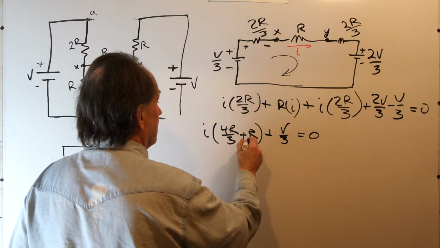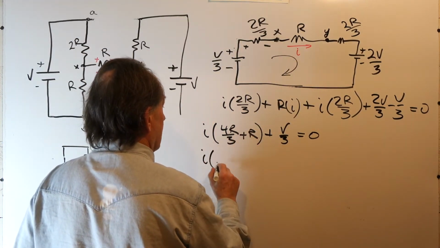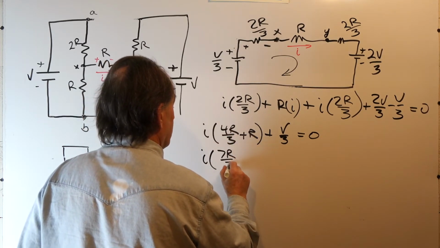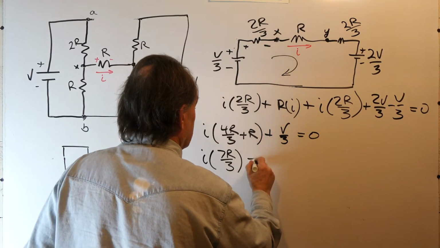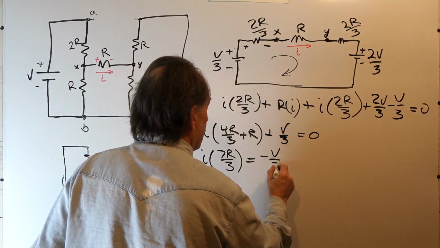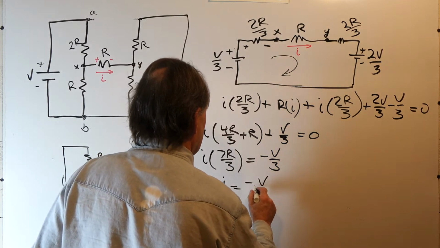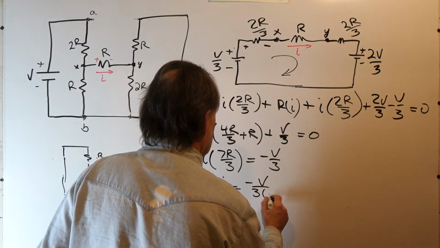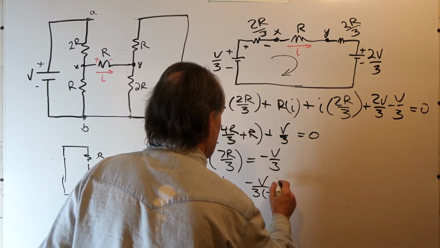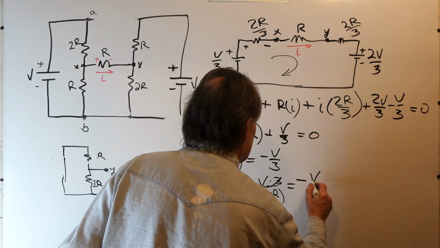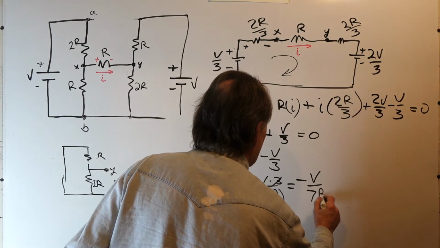So combining here, this is I times R plus 4/3 R is 7R over 3. Then we bring the voltage on the other side, and we can solve for I. I is negative V over 3 divided by 7R over 3. The 3's cancel, so it's minus V over 7R.